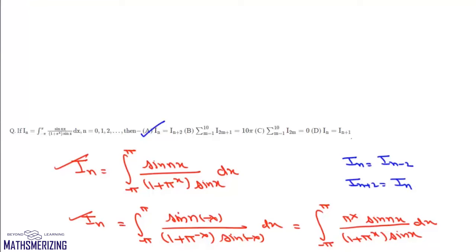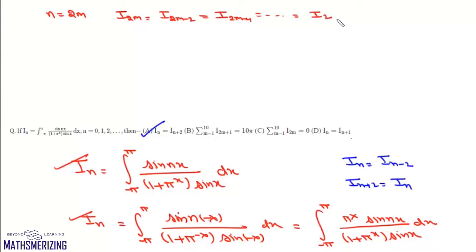Now if n is even, say 2m, then I_{2m} equals I_{2m-2} equals I_{2m-4}, and they'll be equal to I_2.